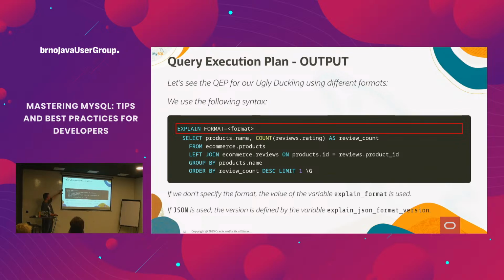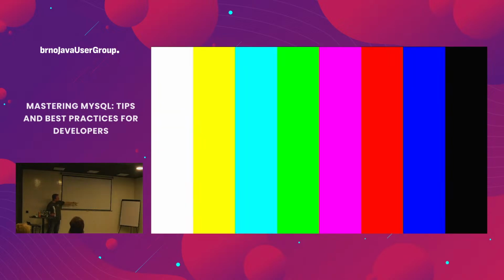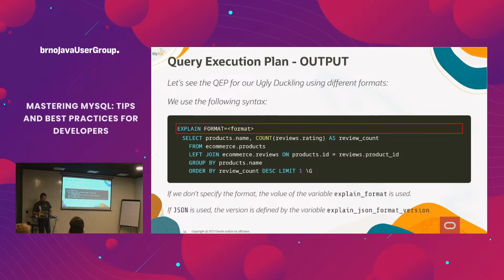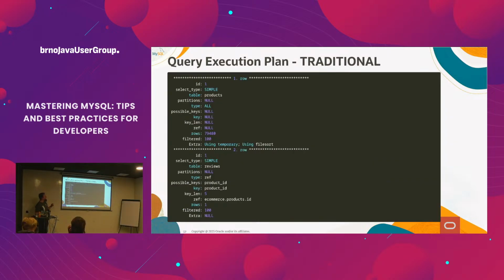You can also have a variable that specifies the format you want by default, so you don't have to specify it again. And we have the explain JSON format version, which gives you 1 or 2, to change it.